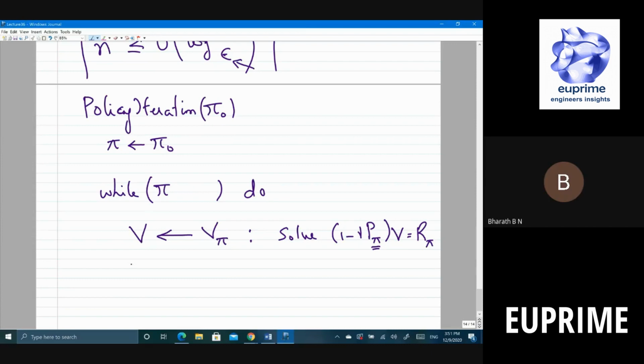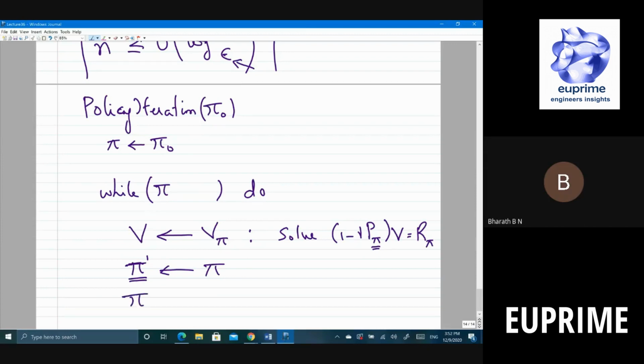Okay, and now I'll update my variable pi dash to pi. So whatever policy pi that I have, I'll store it. Think of it as a temporary variable where you are remembering what was the previous policy. Now you have to update the policy.